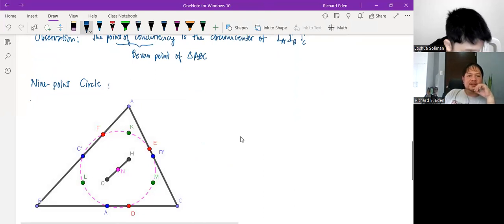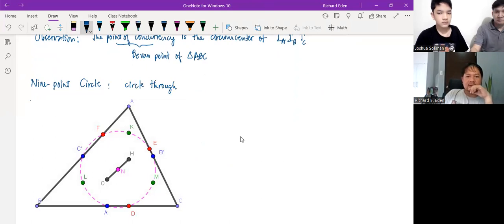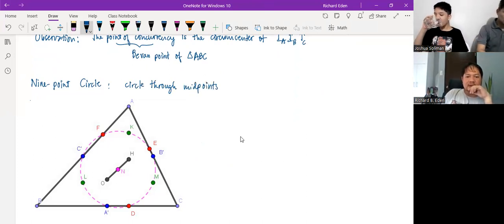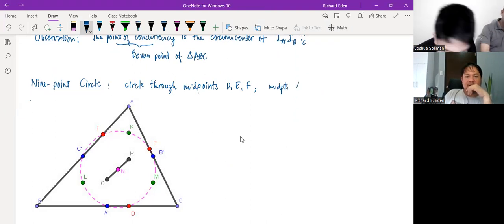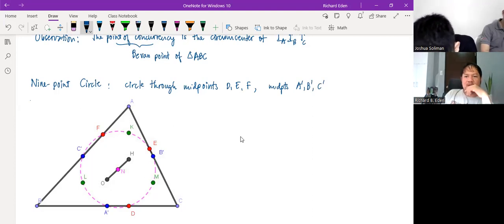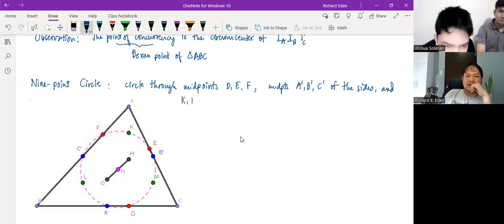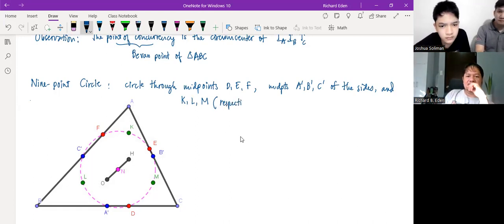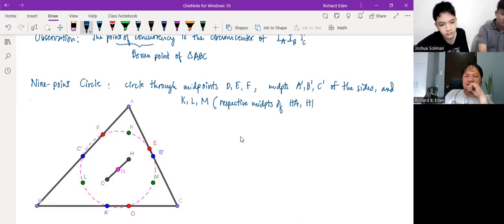Okay. So this is the circle through the midpoints D, E, F, and then the midpoints A prime, B prime, C prime of the sides, and the points K, L, and M, which are by definition the respective midpoints of HA, HB, and HC.